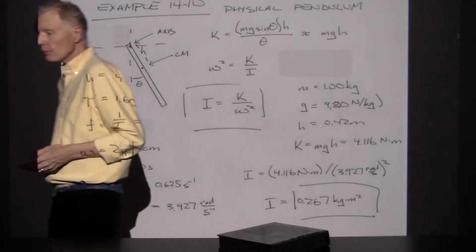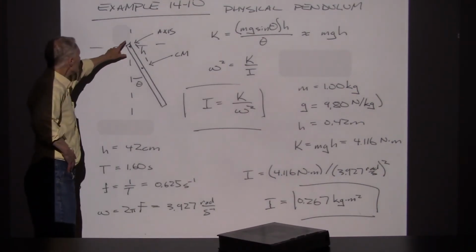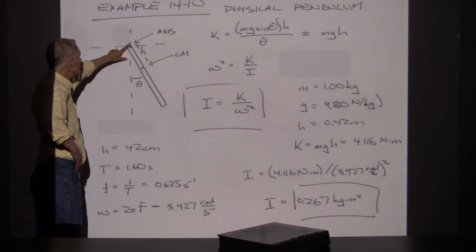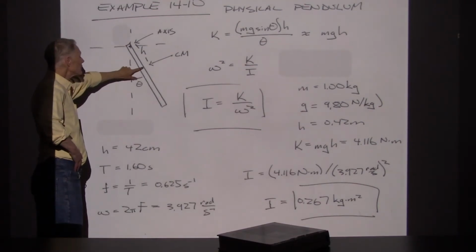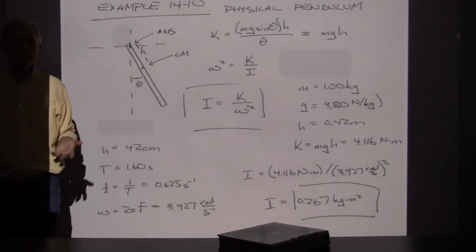So we've actually been able to use this pendulum to determine the rotational inertia of an object, of a baseball bat. Now, the rotational inertia that we've calculated specifically applies to this point on the end. What would be the rotational inertia around the center of mass? It is going to be less, right?